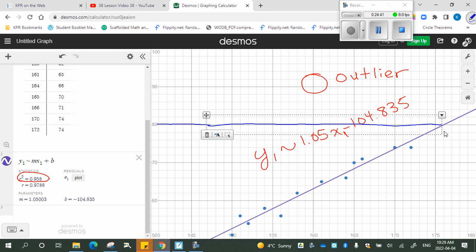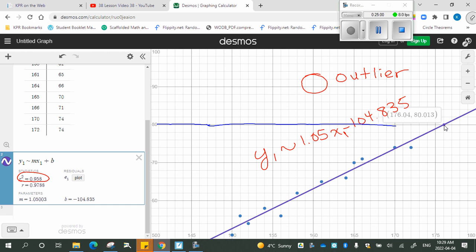Oops. I think I have to erase right there. Okay, so we go across from 80. And then we're going to hit our screen like right here. That's the point. We want to get just to exactly 80 if we can.